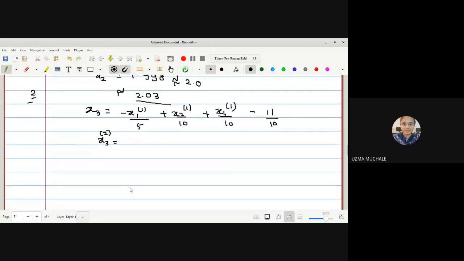calculate and tell me, and up to then I will write the fourth equation: x4 equal to minus 3x21 divided by 8 plus x31 divided by 8 plus 15 by 8, which is x42 equal to.